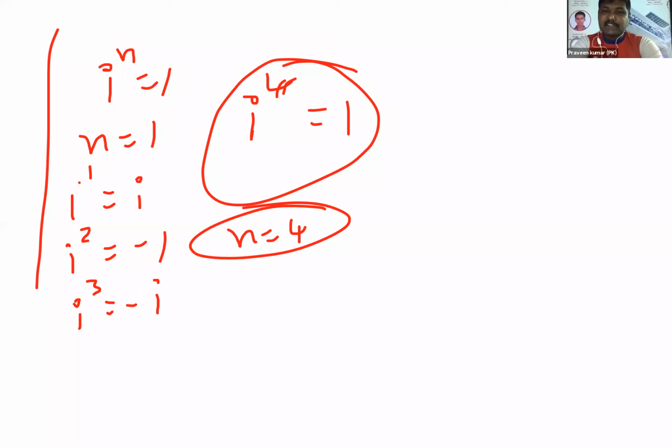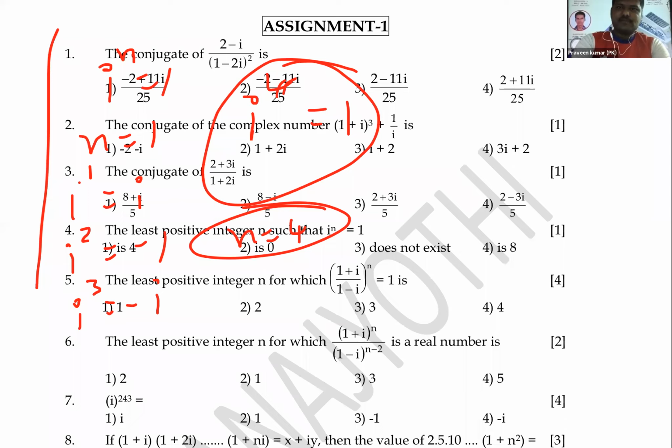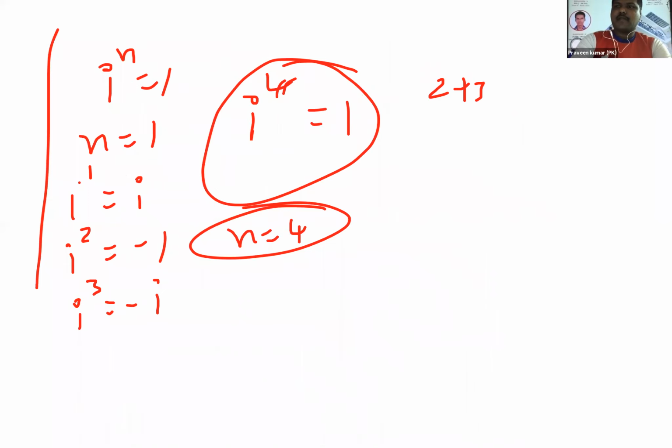For the previous question, you can rationalize the denominator and you will get the answer. You try on your own. Just rationalize and multiply. 2 plus 3i by 1 plus 2i, multiply by 1 minus 2i by 1 minus 2i.